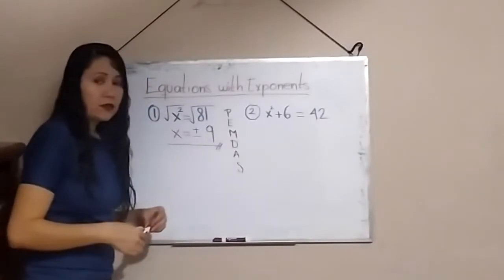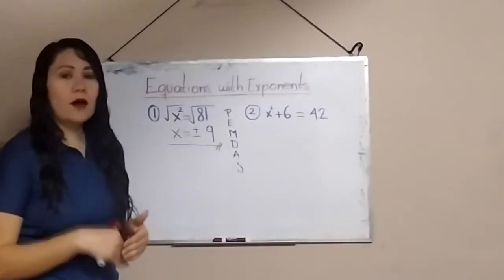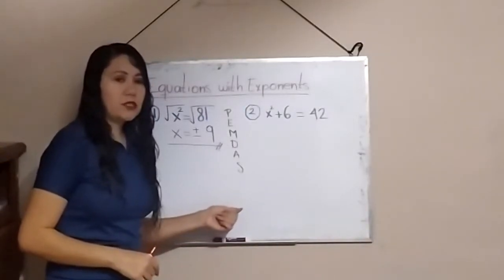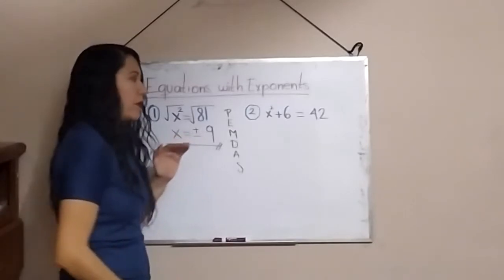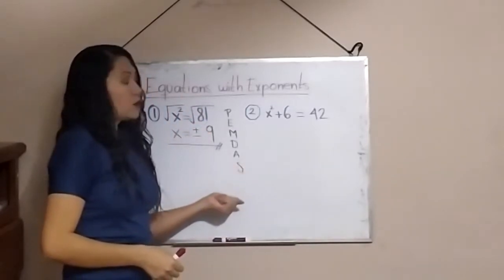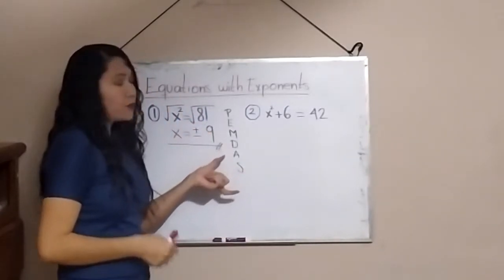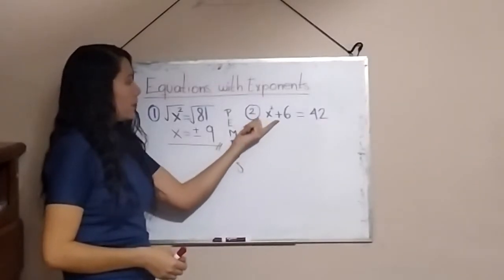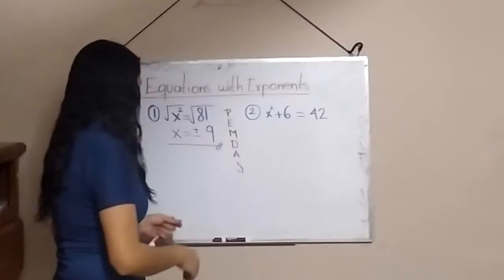Since we are doing equations and we are doing the opposite, we are going to use the order of operation from the bottom up, okay? So the first thing we are going to remove is the addition and subtractions. We have here a plus 6.